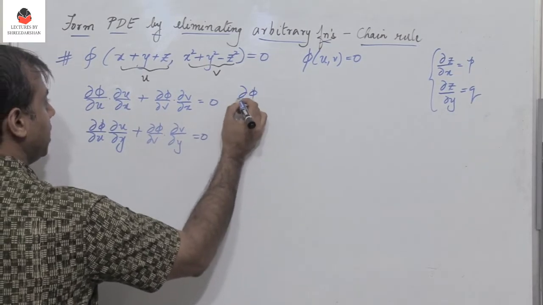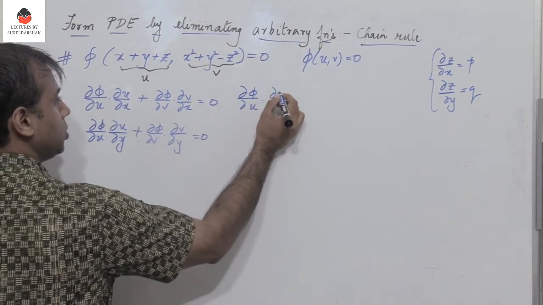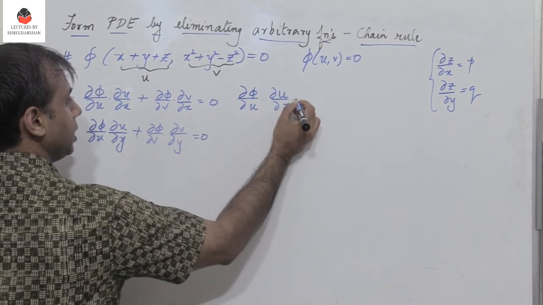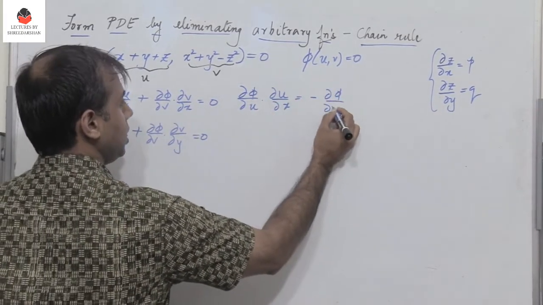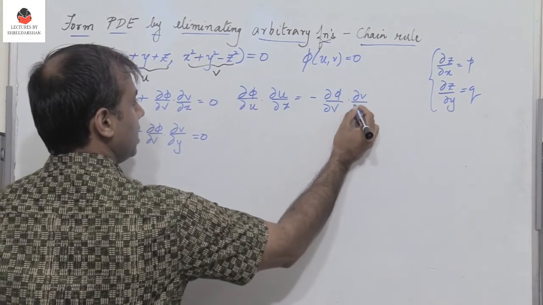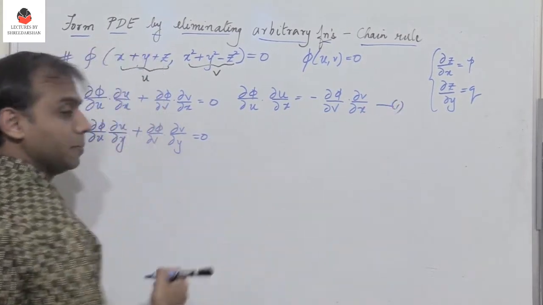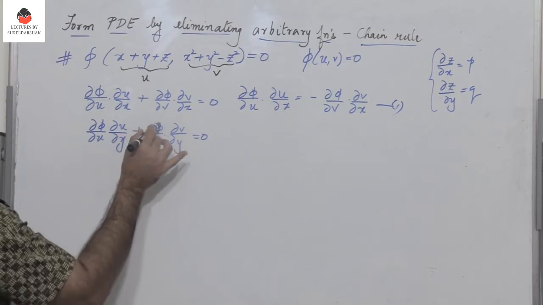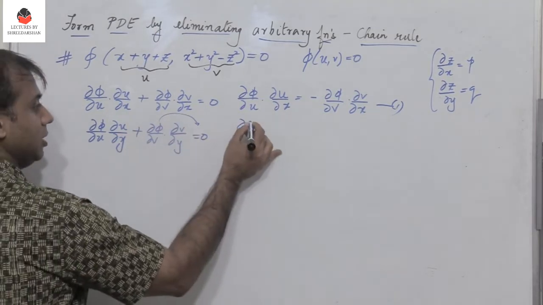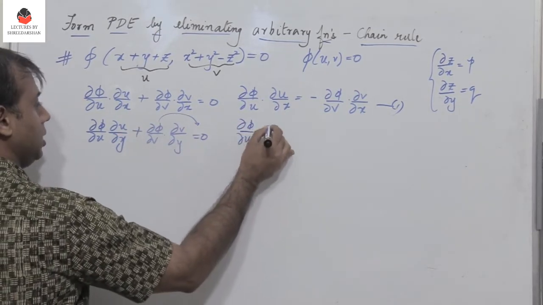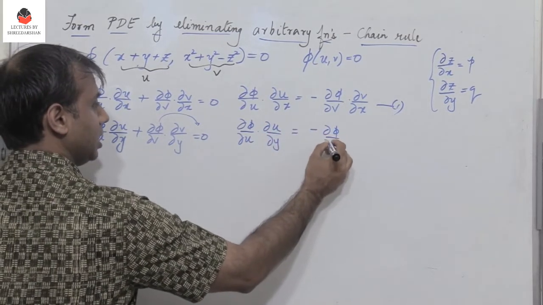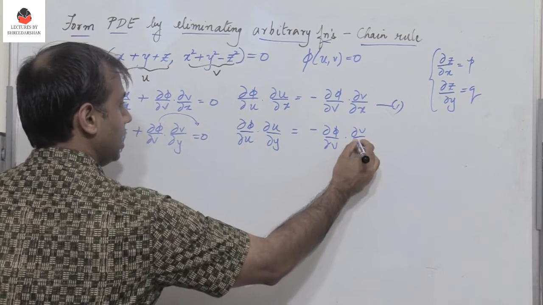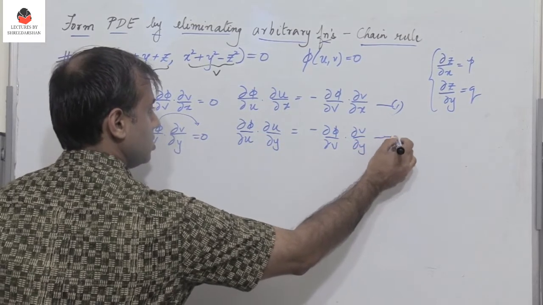So you have del phi by del u into del u by del x equals minus del phi by del v into del v by del x. Call this as equation 1. Now again take this to RHS. So we have del phi by del u into del u by del y equals minus del phi by del v into del v by del y. Call this as equation 2.